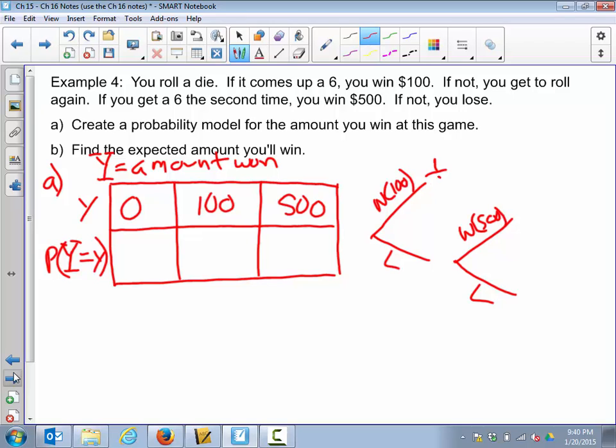That's the first condition. So let's get the probability of winning $100. That's just got to be a 6th, because there's only one of the 6 sides of a die that's going to give us that win condition. So the probability of a loss would be 5/6. Okay, well, probability of a win given a loss is 1/6, okay? We still just need to look for a 6.